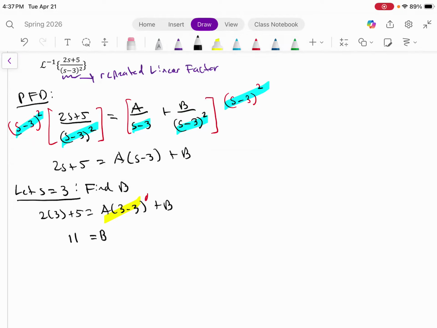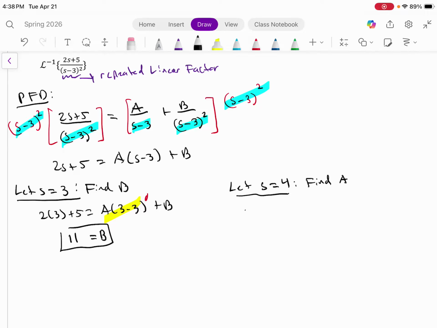6 plus 5 is 11. Okay, so there's nothing that would really cancel out B. We already know what it is though. So what we can do is just let s be something really easy. Let's just make it 4 because 4 minus 3 is just going to be 1. So that's really easy to work with.